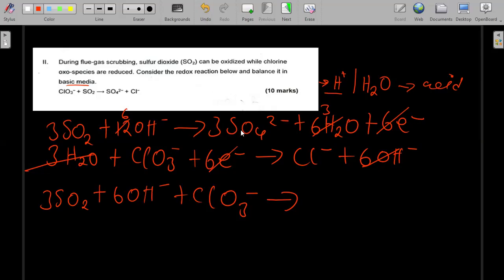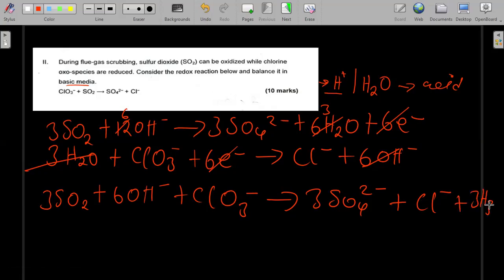Here, you're going to remain with 3SO4 2 minus. You're also remaining with the Cl minus there, and what else? You notice that also here we remained with the three water molecules, isn't it?